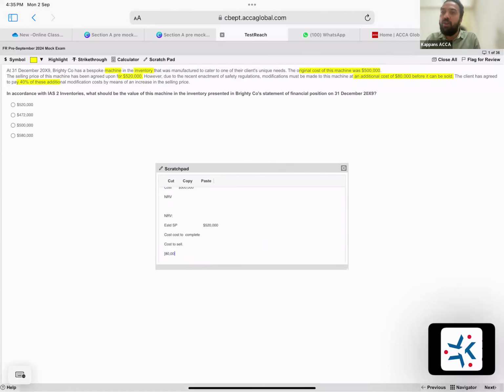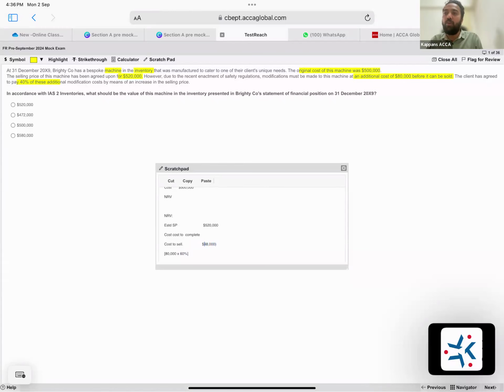But if you read the question very carefully, the client has promised to pay 40% of this cost. That means Brighty will have to pay 60%. We are trying to find out Brighty's value. So cost to sell from Brighty's point of view will be 48,000.